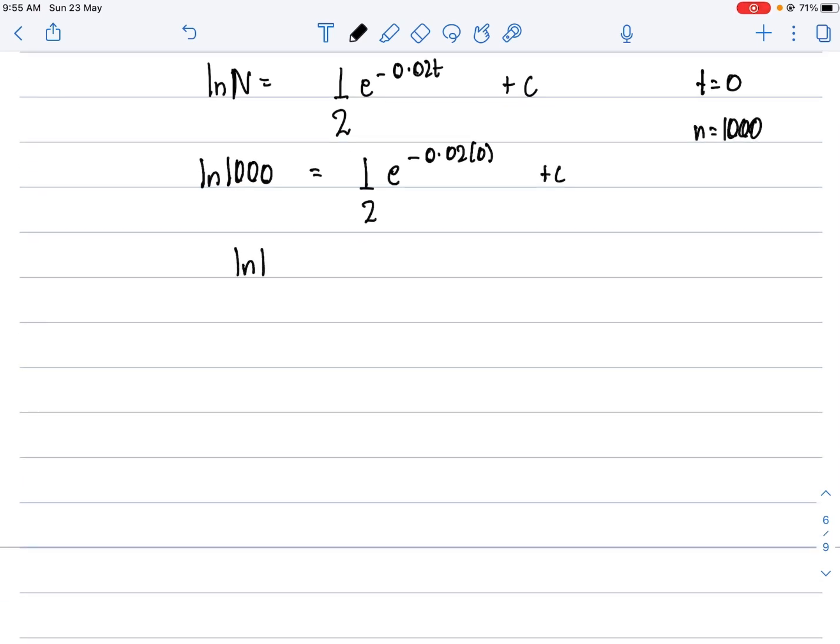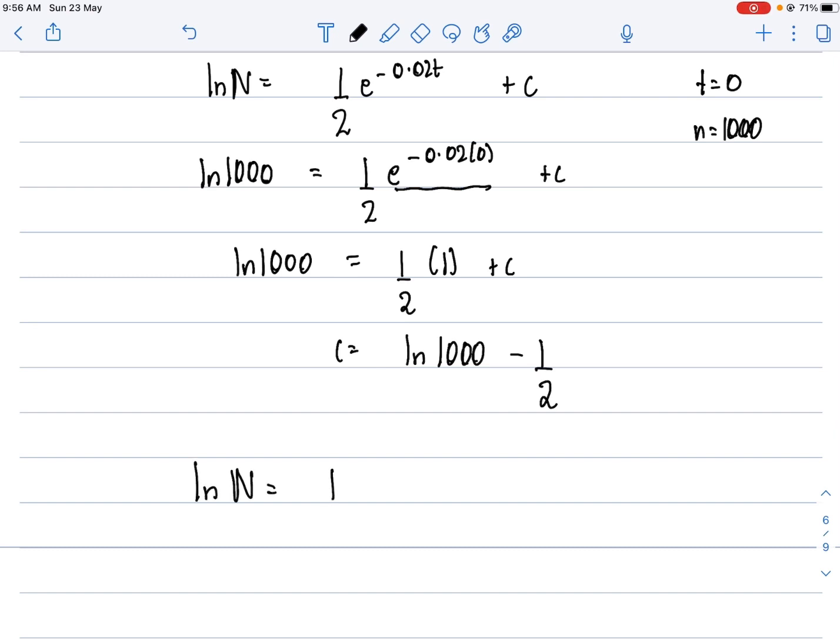So ln 1000 equals half into 1, plus c. So I get c as ln 1000 minus half. Now I can write the final equation as ln N equals half e raised to minus 0.02t plus ln 1000 minus half.